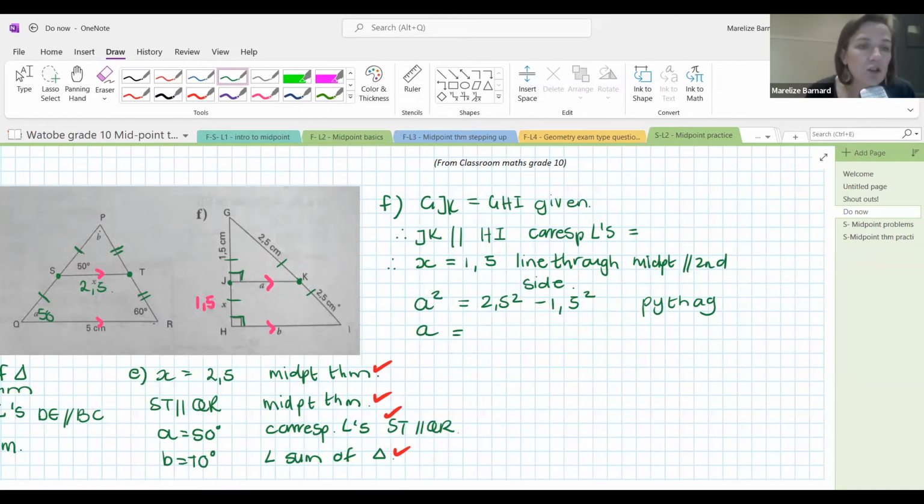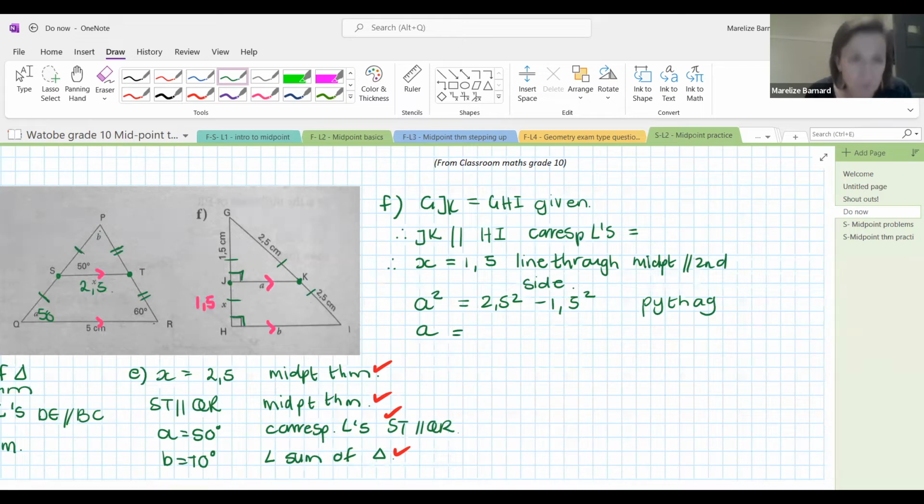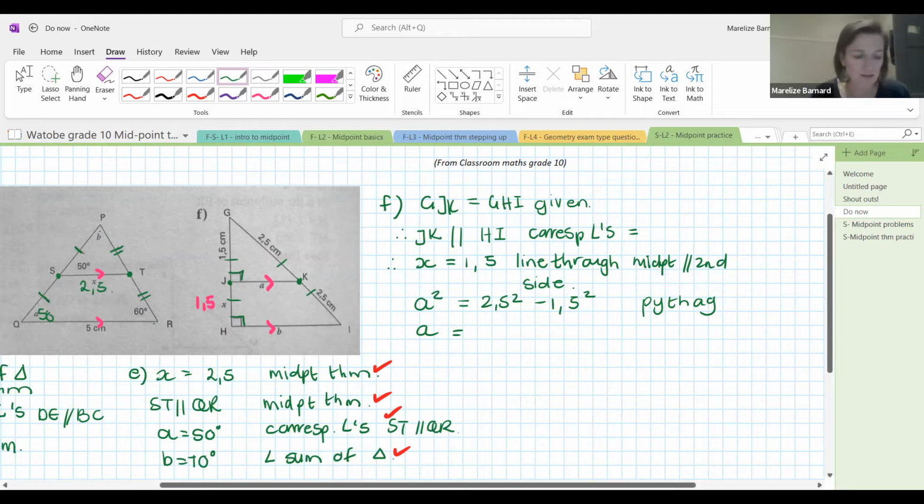Look at the previous question, both of those midpoints were clearly given, but not with this one. Here we have the parallel line and then one midpoint. So remember, if it's parallel line and one midpoint, then you have to do line through midpoint parallel to second side. That's exactly what the reason says.